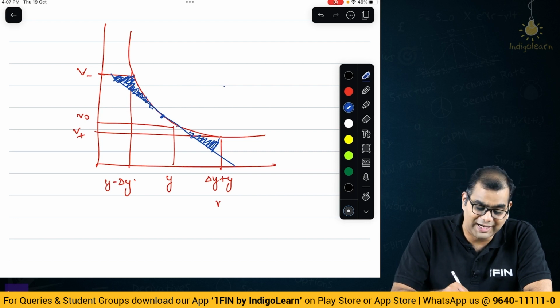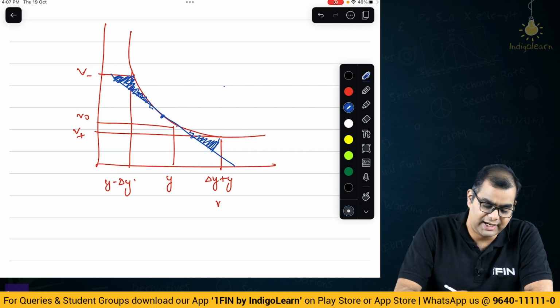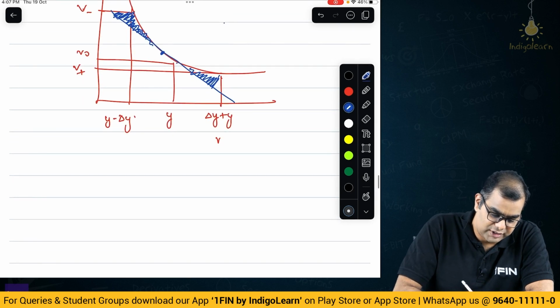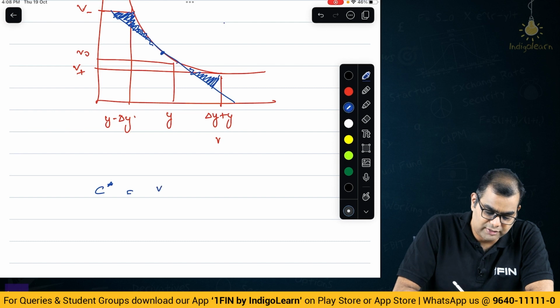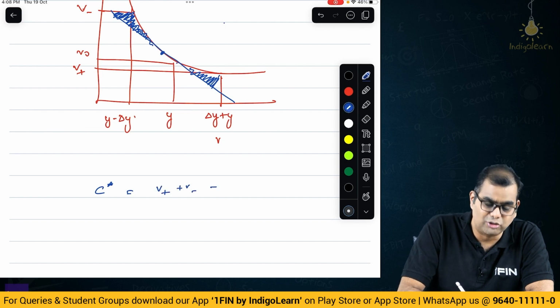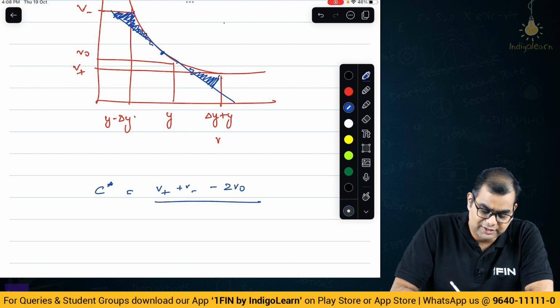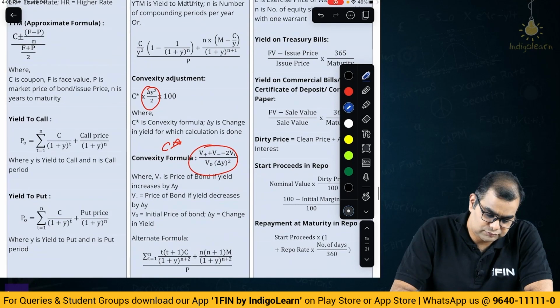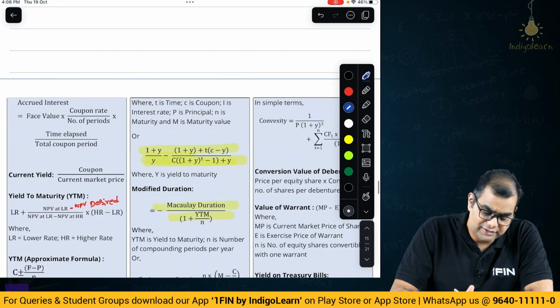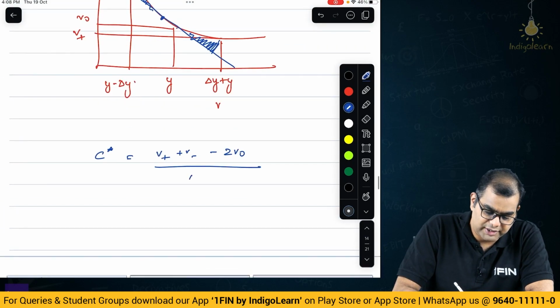To that you have to add the impact of convexity. How do you make the adjustment for convexity? C star is equal to your V plus and V minus, both the values, minus 2V0 divided by V0 into delta Y whole square.